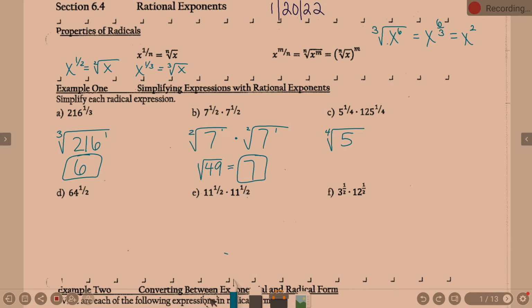So the 4th root of 5 to the 1st, but we don't need the 1st, times, now I have 125 to the 1/4. So under my radical is 125. What root of 125 is it? Denominator 4, so it's the 4th root of 125.